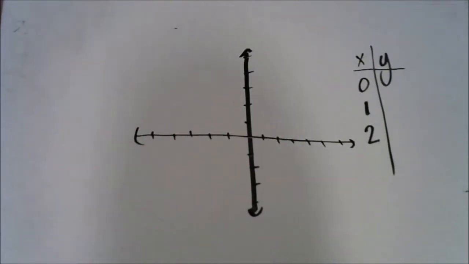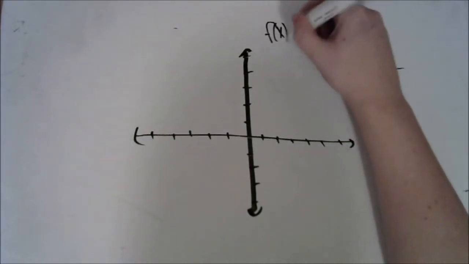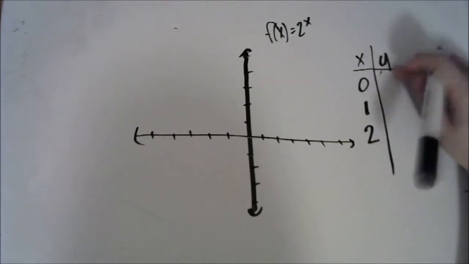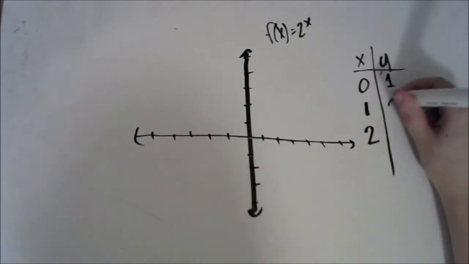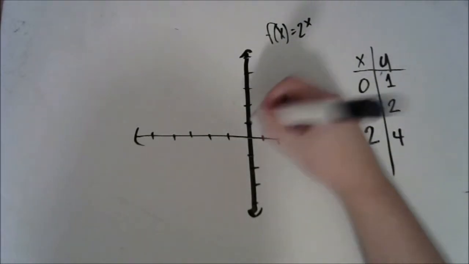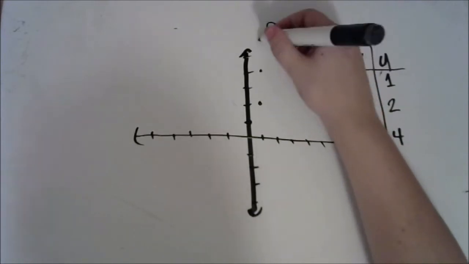So the first example we're going to start off with is f of x equals 2 to the x power. Build a table and you get (0, 1) as the initial value, (1, 2), and (2, 4). So the exponential function is here.